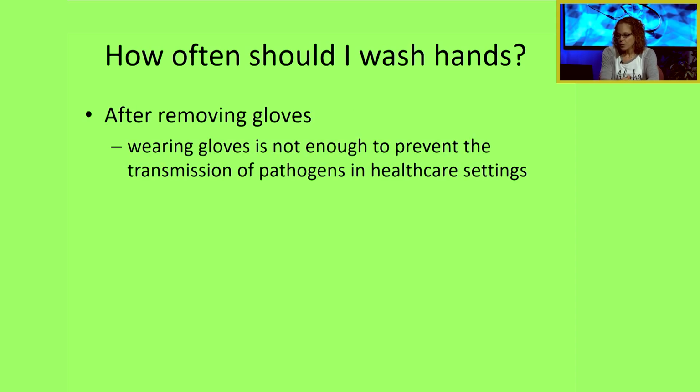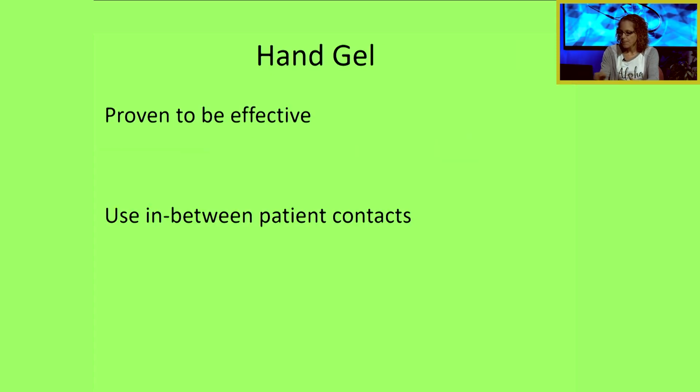So after we remove our gloves, wearing gloves is not enough to prevent the transmission of pathogens in the healthcare setting. The microbes can easily get through the gloves and be on our hands, especially if our gloves get wet. So those are all the cases where we need to be particular about doing a full hand washing.